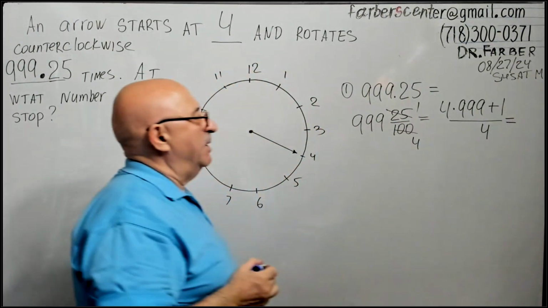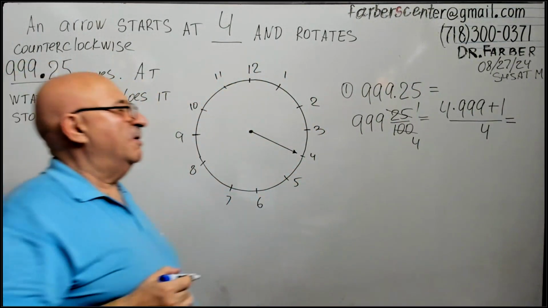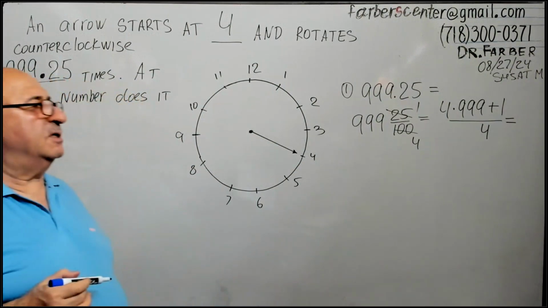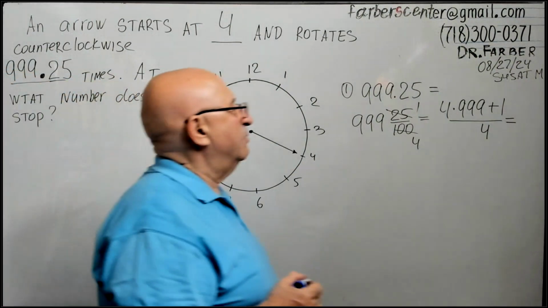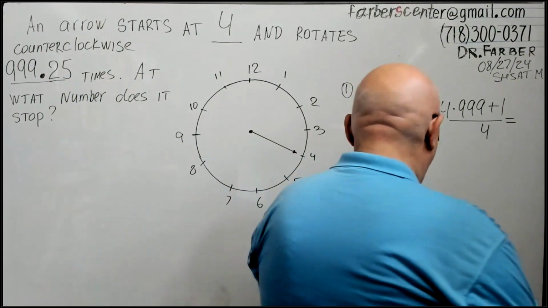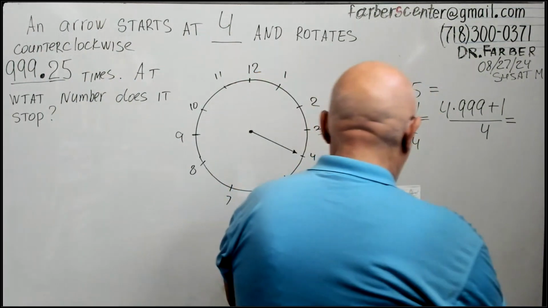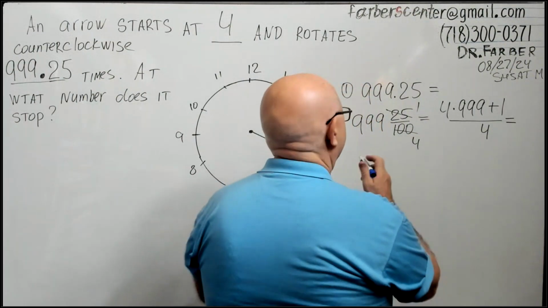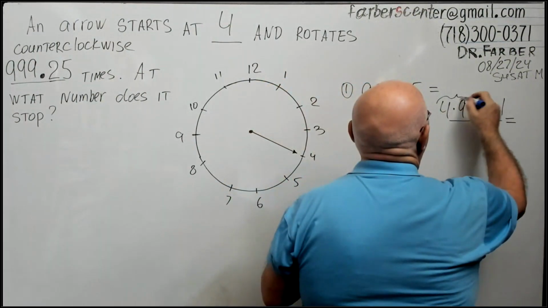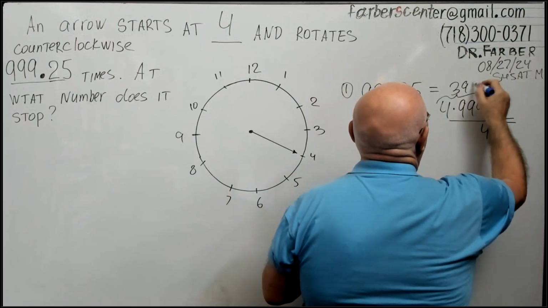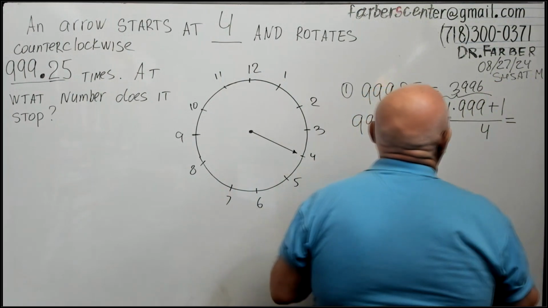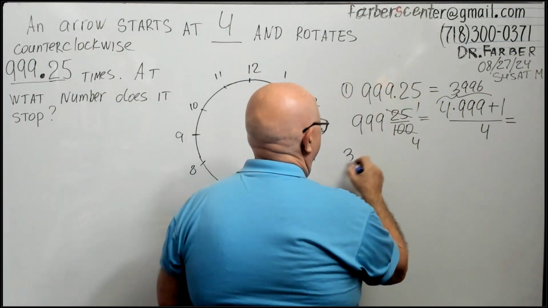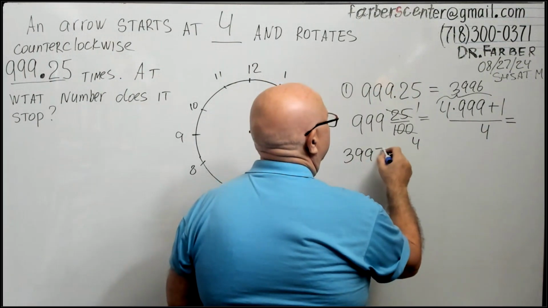How to multiply mentally? 1,000 times 4 is 4,000, minus 4, it would be 3996, plus 1. It would be 3997 over 4.